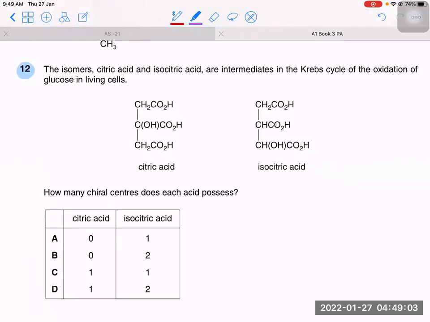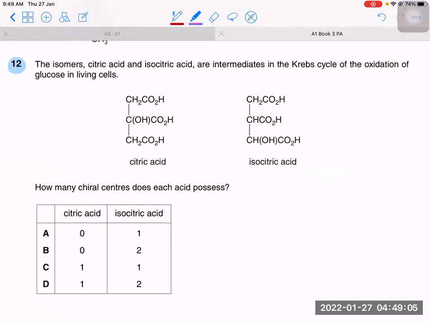How many chiral centers does each possess? So you have citric acid. Can this be chiral? No. Why? 2 hydrogens. Can this be chiral? No. Why? Double bond. Can this be chiral? No. Why? Because it has a CH2CO2H here and a CH2CO2H here.